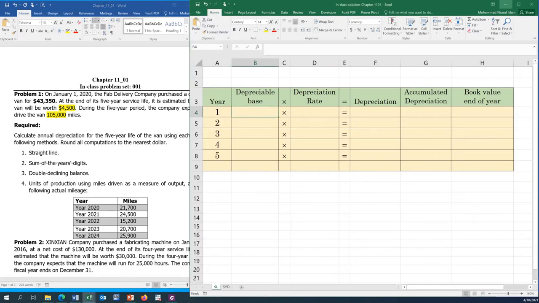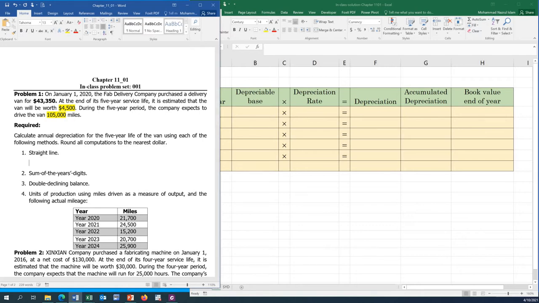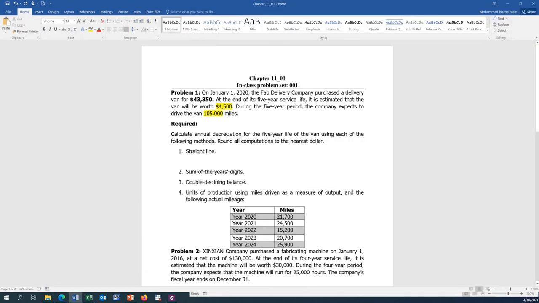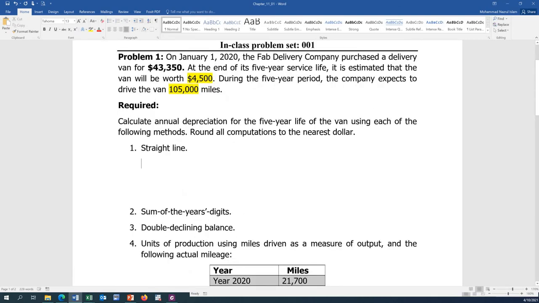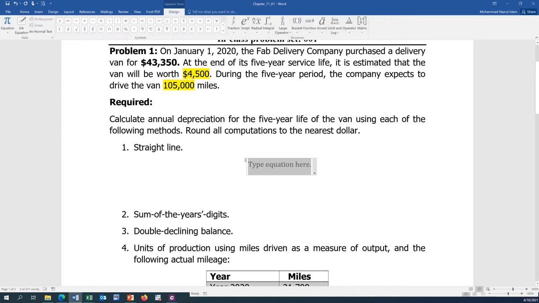Now let's see how to solve the problems under the straight line method. The first thing, let me calculate the depreciation per year.